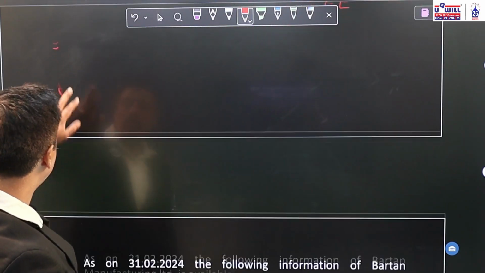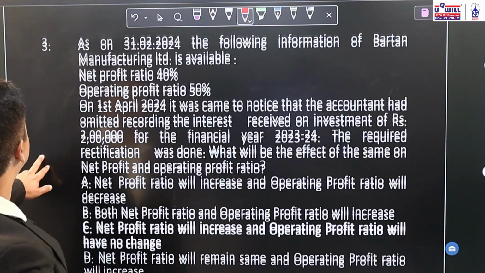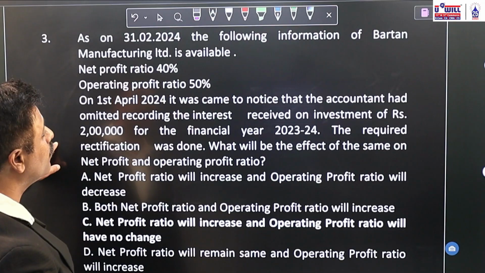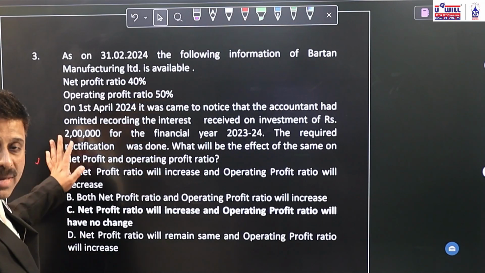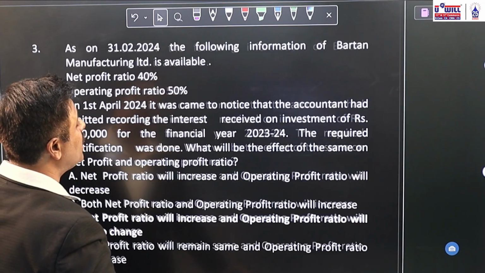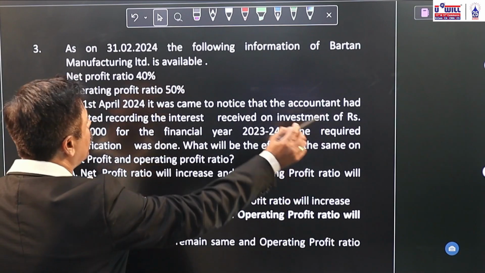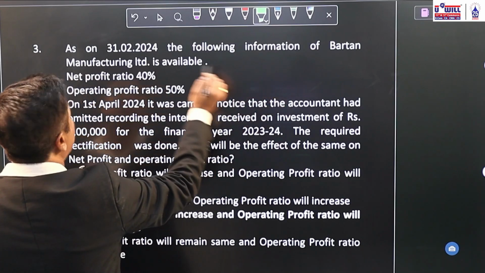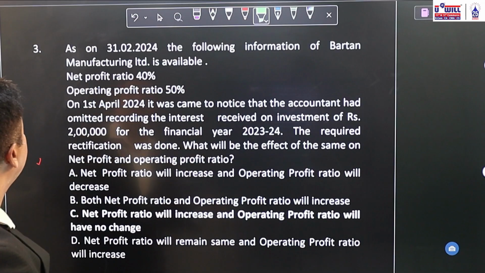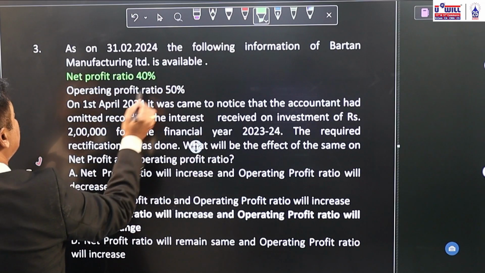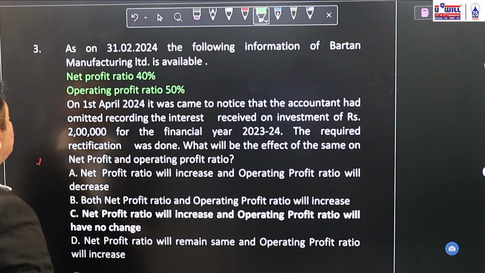Going further, question number 3. As on 31st March 2024, the following information of Bartan Manufacturing Limited is available. Net profit ratio is 40%, operating profit ratio is 50%.